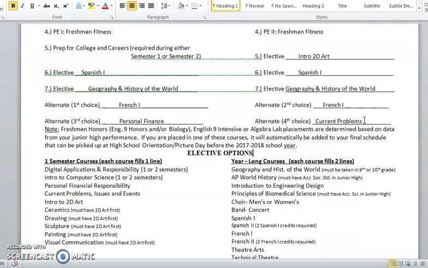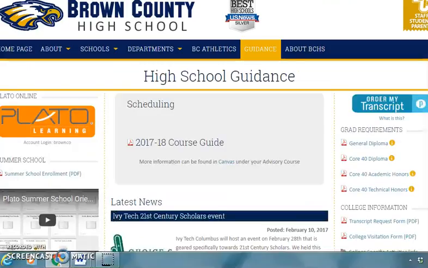That way, if for some reason Intro to 2D Art is at the same time as Spanish 1, and with my other combination of classes I can't take them both, the guidance office will take either Current Problems or Personal Finance and see how that works with the rest of my selections. All alternate lines do need to be filled up with a combination of both year-long and semester alternates.